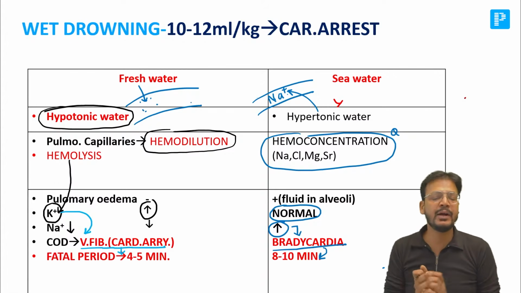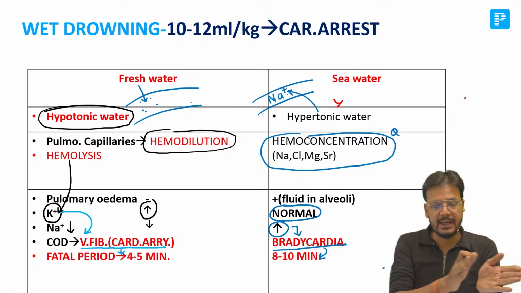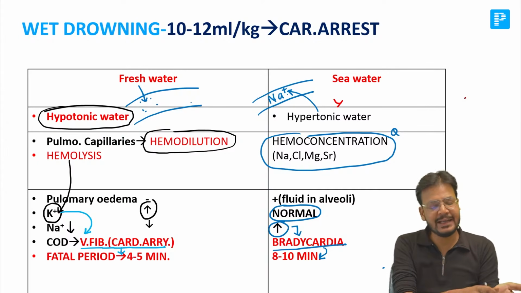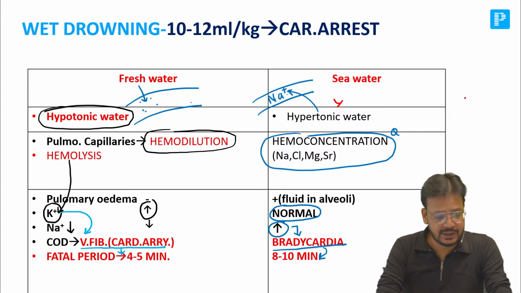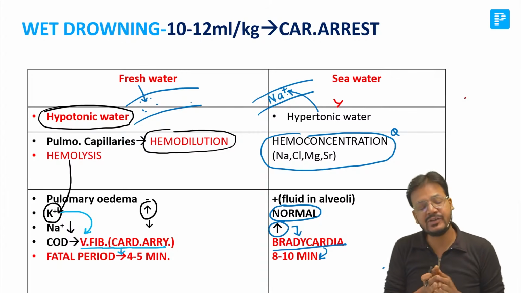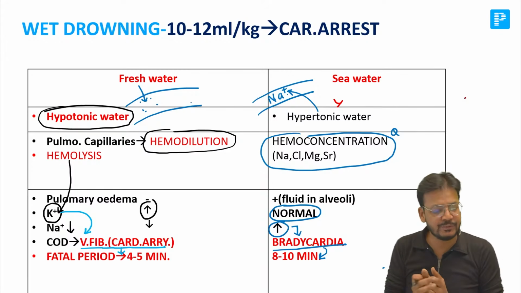So this is a very important comparison. Freshwater hypotonic, seawater hypertonic. Hemodilution, hemoconcentration. Pulmonary edema absent in freshwater, pulmonary edema present in seawater. Because of the RBCs lysed in freshwater, potassium comes out, hyperkalemia. In seawater potassium is normal.